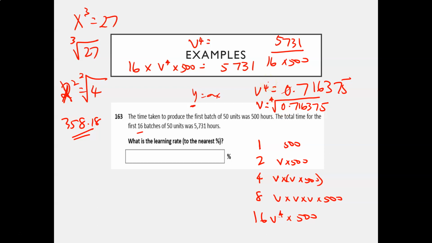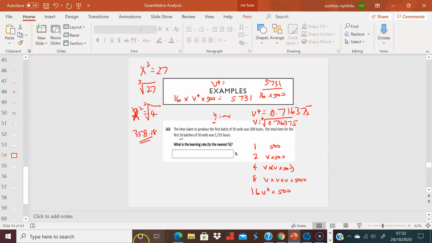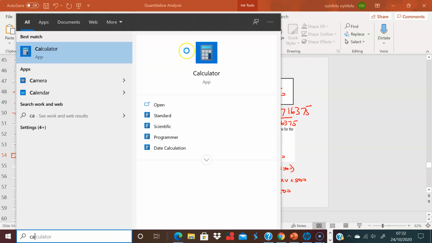So let me just use my calculator on the screen. Again, here I need to find 0.716375 to the fourth root. Calculator. Oops, sorry. Let's do that here.